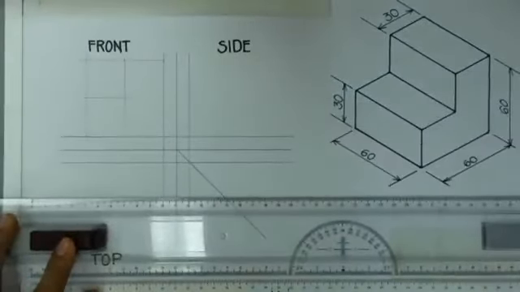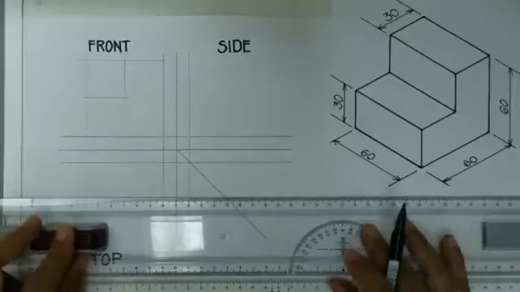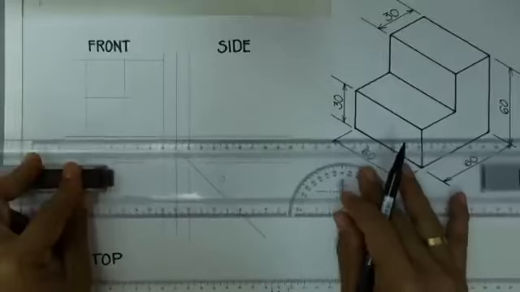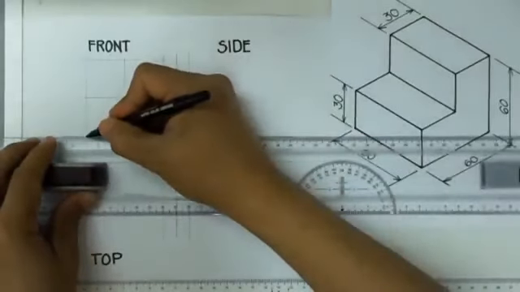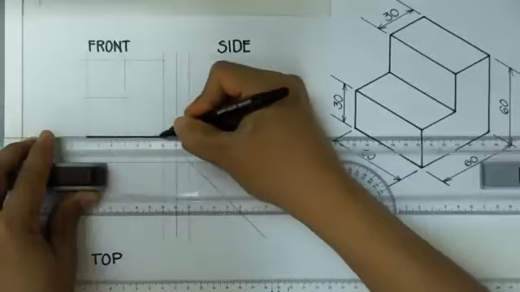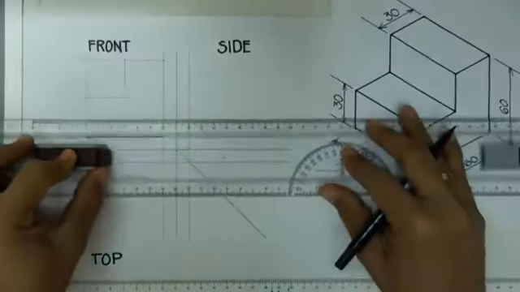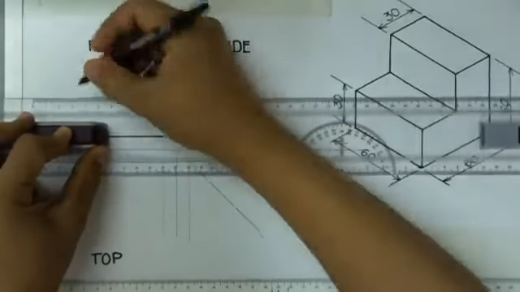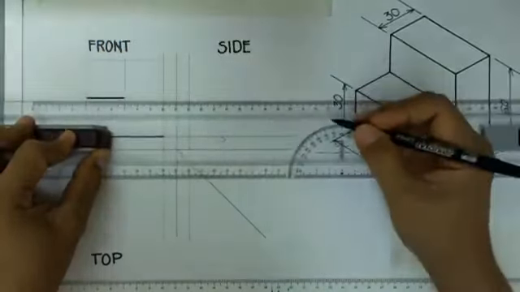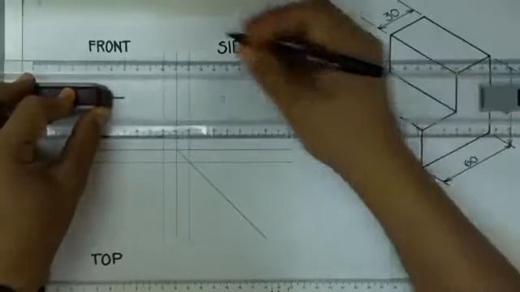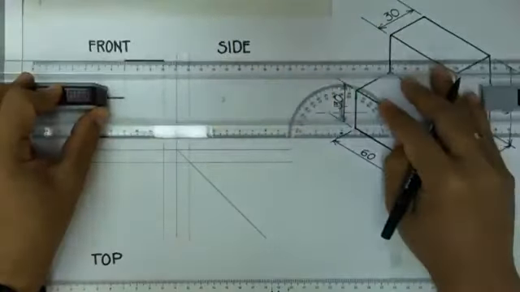Now we can make our visible line now. All you have to do is to trace your guidelines or light lines. From here, that is 60 millimeters. From here, that is 30 millimeters. And also on the top, that is 30 millimeters.